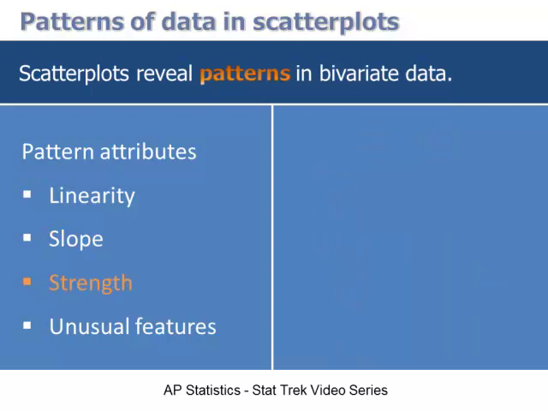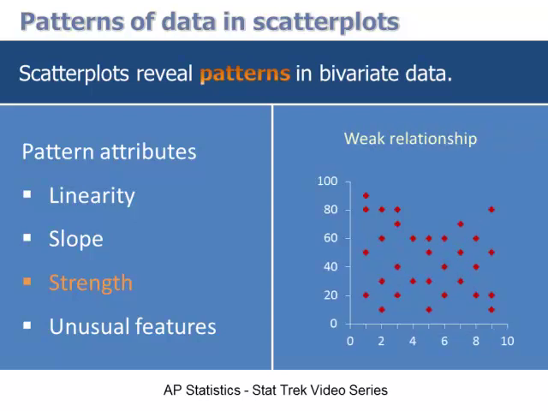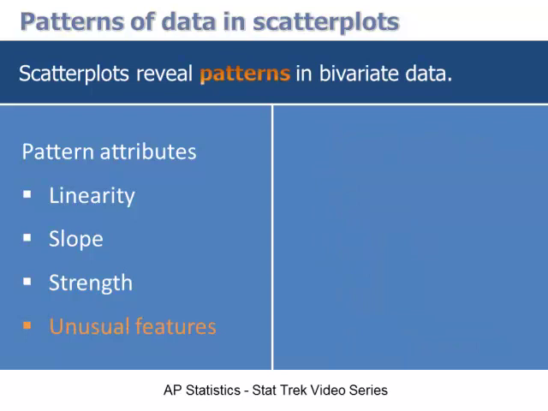Strength refers to the degree of scatter in the plot. If the dots are widely spread, the relationship between variables is weak. If the dots are concentrated around a line, the relationship is strong. Additionally, scatter plots can reveal unusual features in data sets, such as clusters, gaps, and outliers.